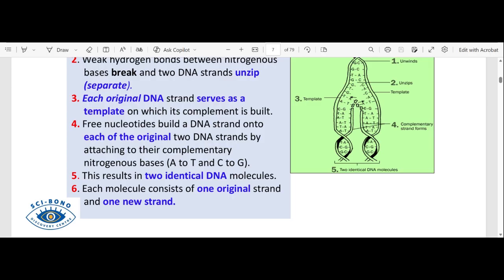Remember, there are DNA nucleotides roaming around the nucleoplasm. What is the nucleoplasm? The nucleoplasm is the fluid that's within the nucleus. I hope that makes sense.